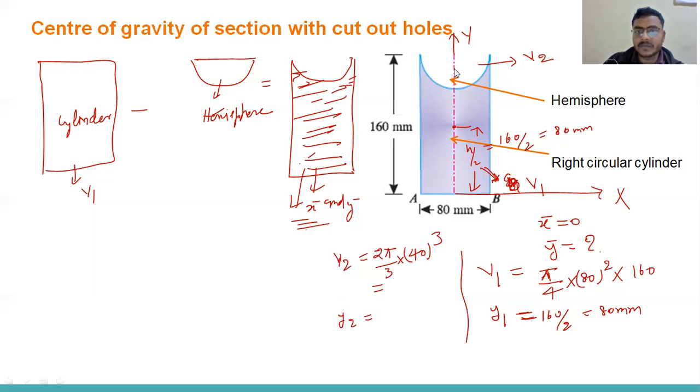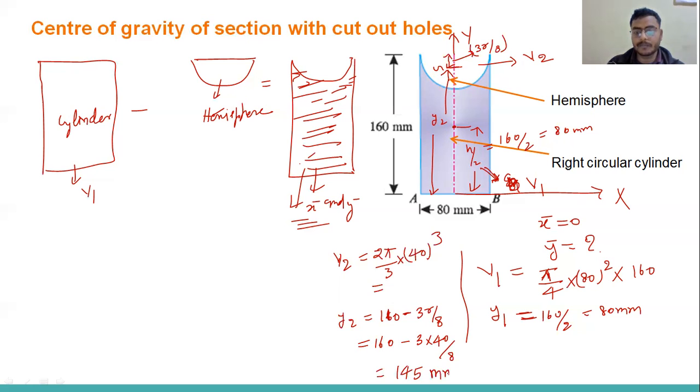For the hemisphere, the centroid G is at a distance 3r by 8 from its base. So the distance from the x-axis, that is Y2, we can write as total 160 minus 3r by 8. The radius is 40, so 3 into 40 divided by 8, and you get 145 mm.